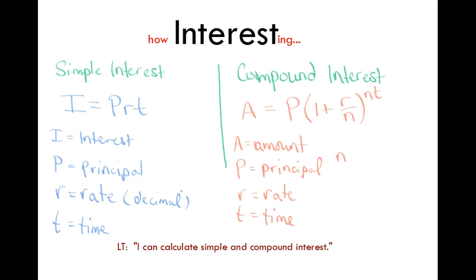So this n is number of times compounded per year. So you know how I was saying that at the end of a year, that $50 gets added in.